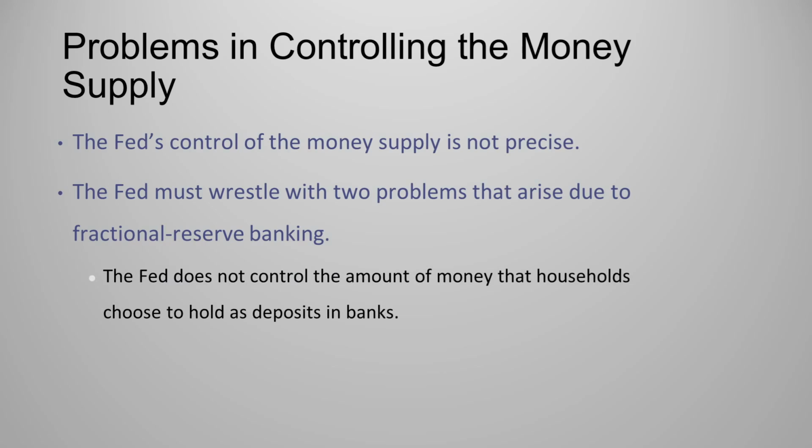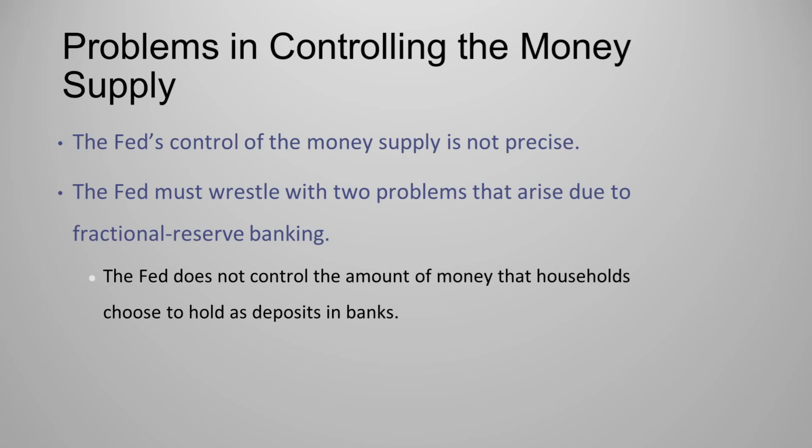The first is the Fed does not control the amount of money that households choose to hold as deposits in banks. The Fed or the central bank does not control how much money the households put into the banks as deposits.